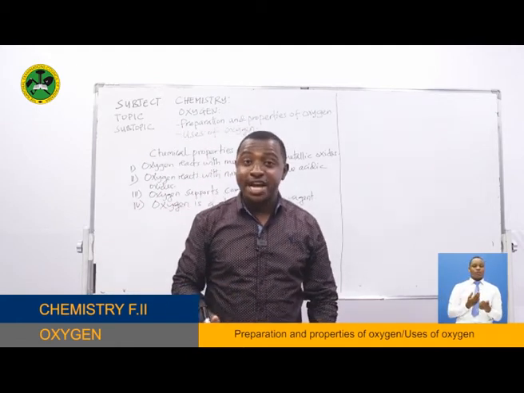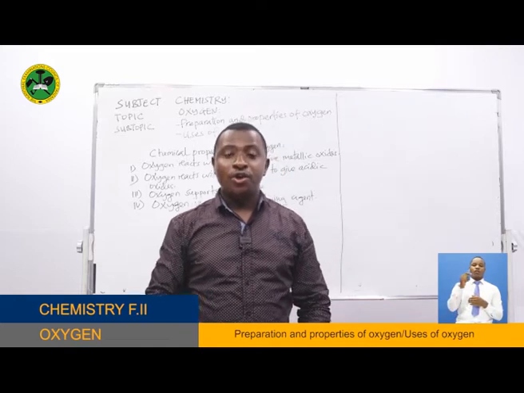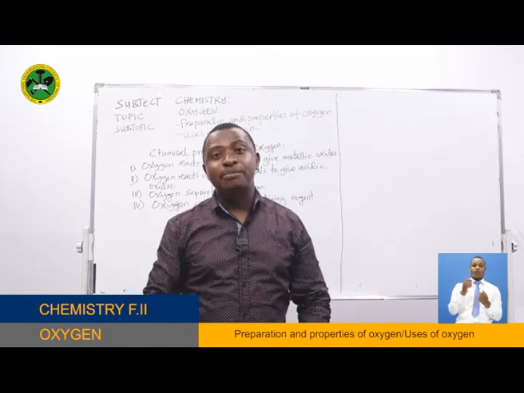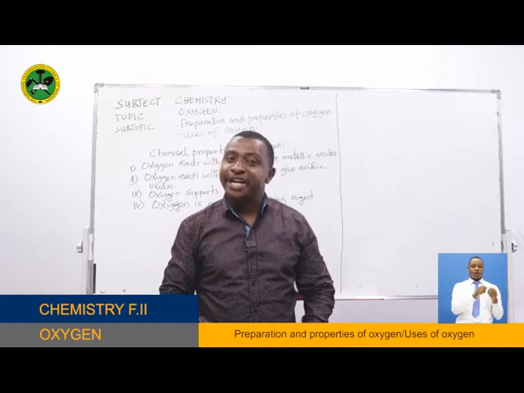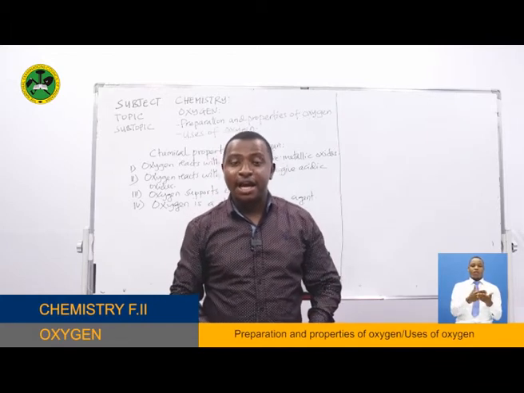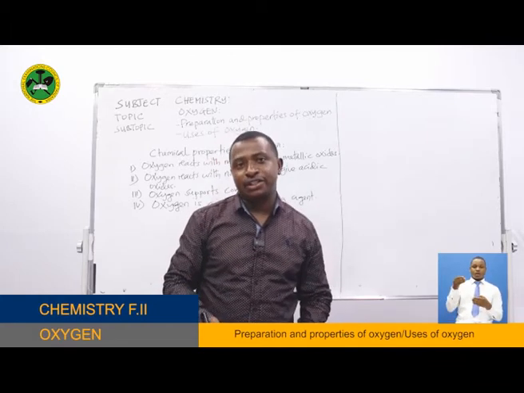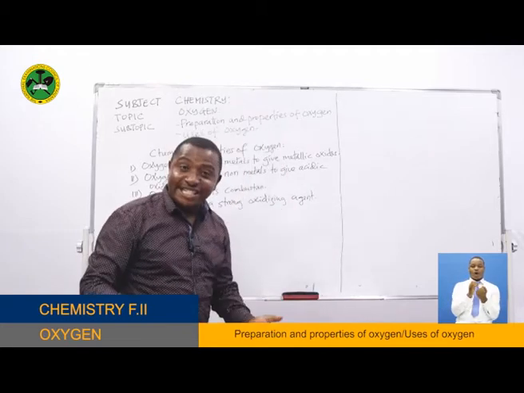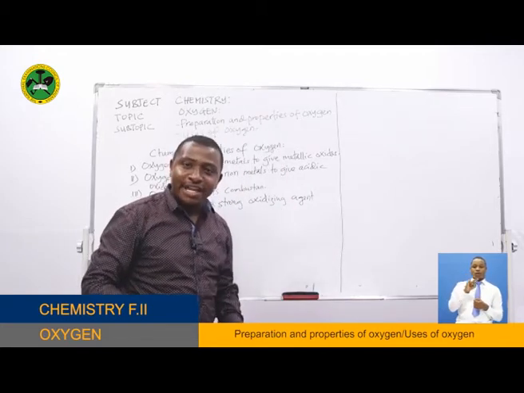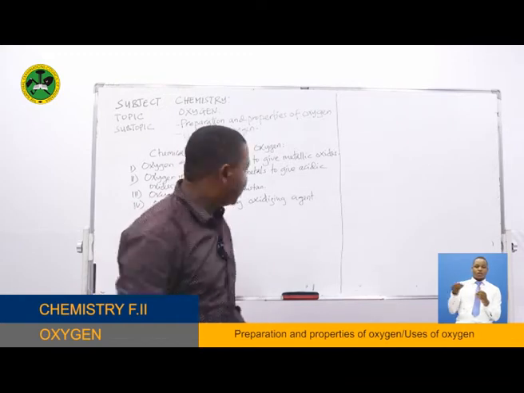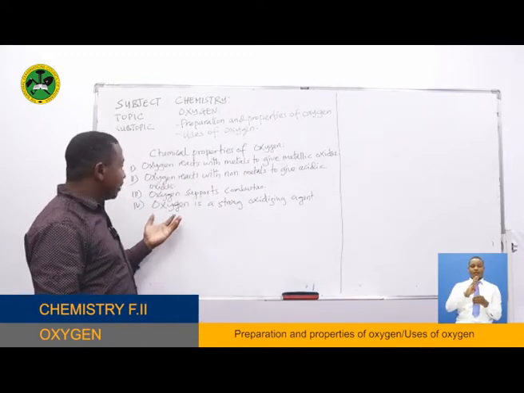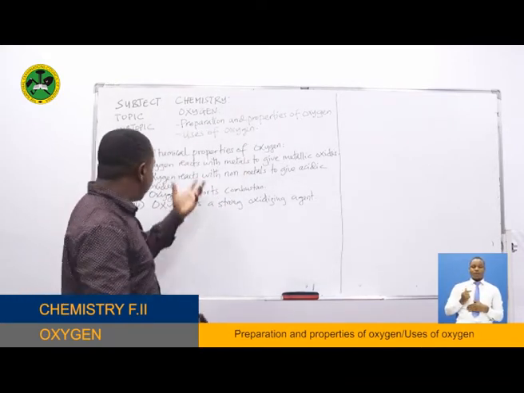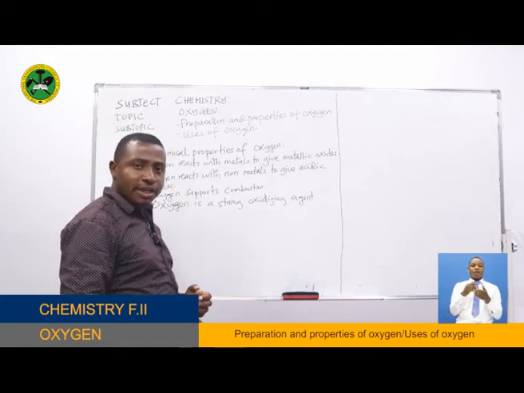It's one of the electronegative elements. So oxygen reacts by accepting some electrons. This makes it an oxidizing agent. So it increases also burning. An oxidizing agent increases burning. That is another property of oxygen. So these are some of the properties of oxygen.